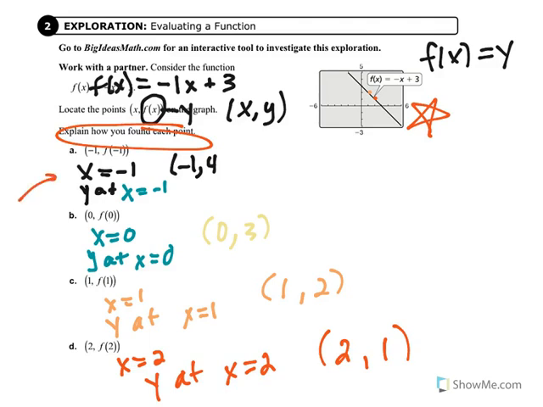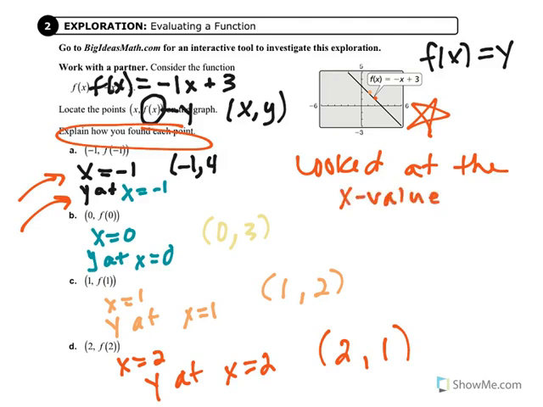Our explanation was we went to look at x is negative 1 and we went to look at the y value, okay? So we looked at the x value to find the y value.